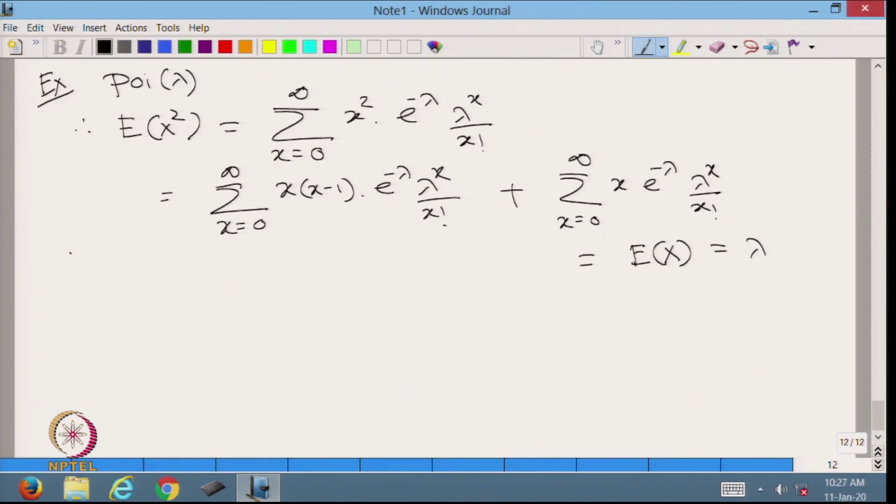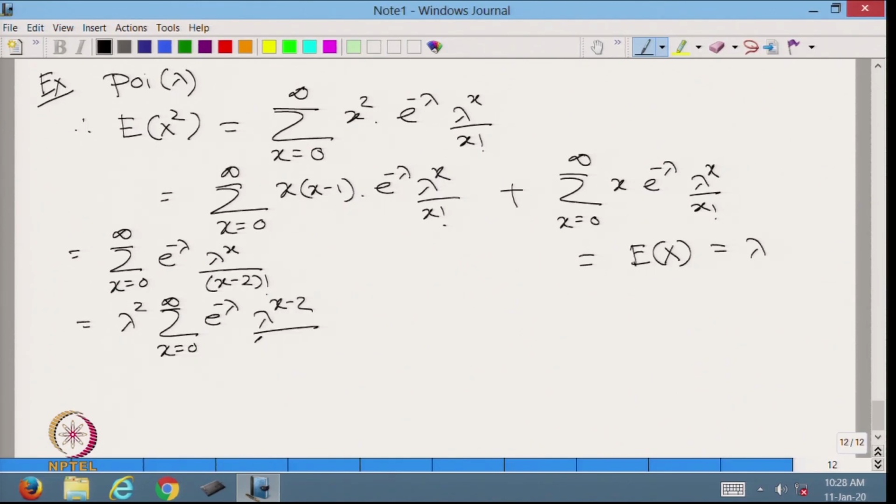This, on the other hand, we can write as sigma x equals 0 to infinity of e to the power minus lambda lambda power x upon (x minus 2) factorial. If we take lambda square out of the summation, we get sigma x equals 0 to infinity of e to the power minus lambda lambda to the power x minus 2 upon factorial (x minus 2), which is the sum of probabilities for a Poisson random variable.